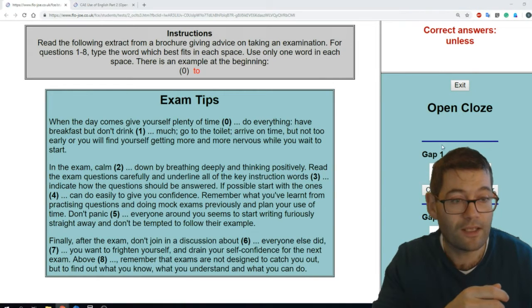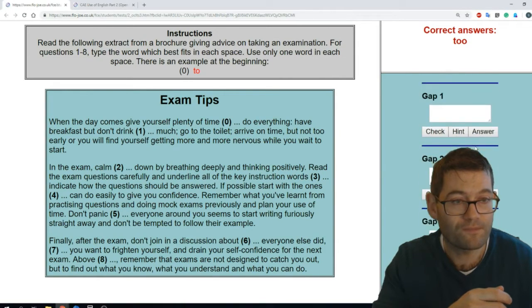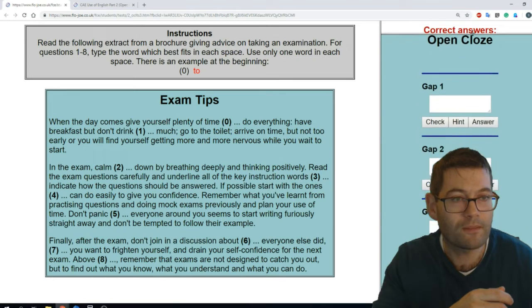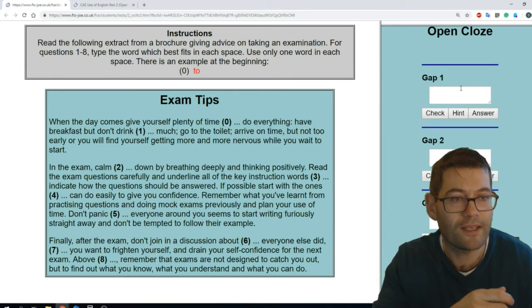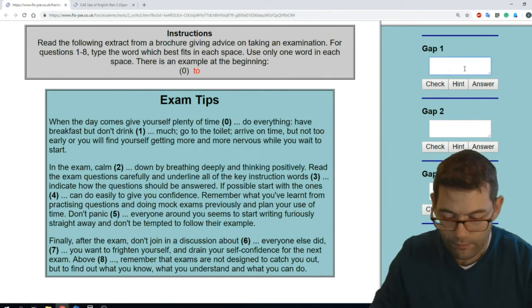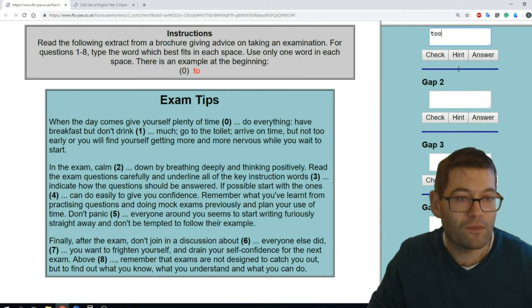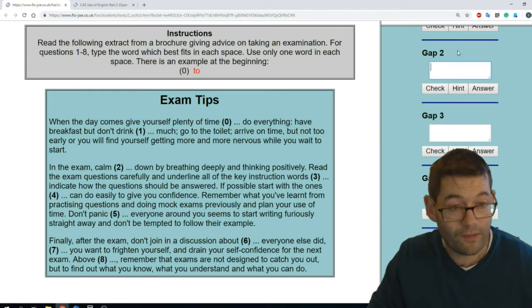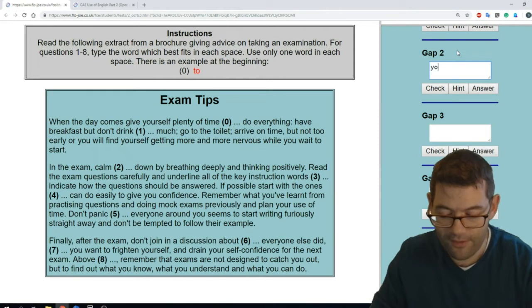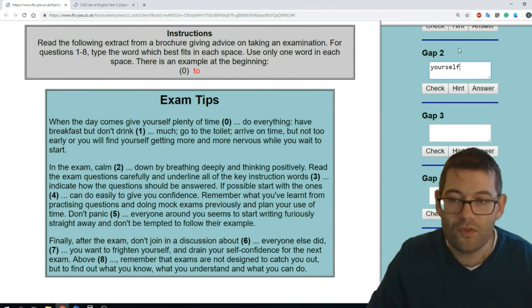And hang on a second, let me just go through the answers. Let me just move this up here. I forgot about this pane. Here we go. So I can write the answers in here. So for gap number 1, it was 2. For gap number 2, it was calm yourself down.